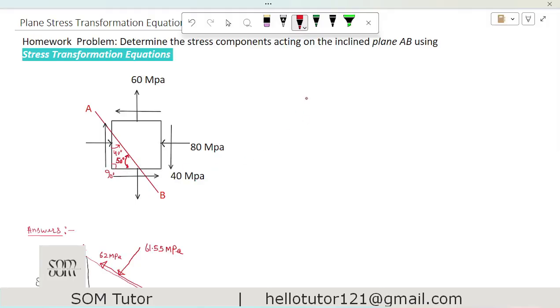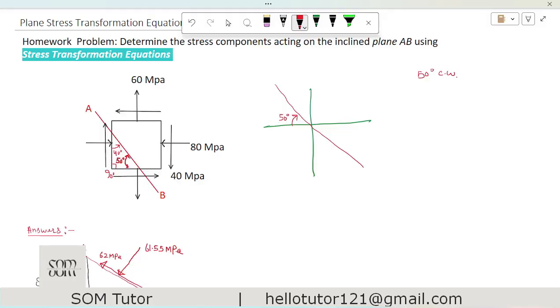So one way is we can assume this rotation. This is our AB plane. Either we can assume this 50 degrees clockwise angle from the horizontal, or we can assume this plane has rotated 40 degrees anti-clockwise.